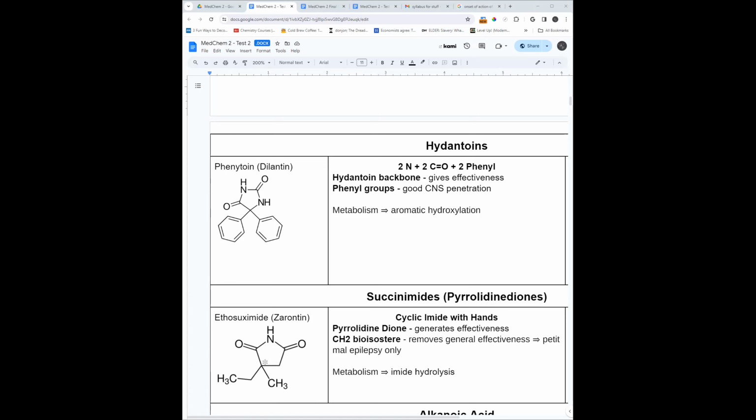The other aspect of phenytoin is that we have two really big phenyl groups. If you remember what we said earlier about having two phenyl groups, what does this mean about the drug in terms of where it goes in the body?